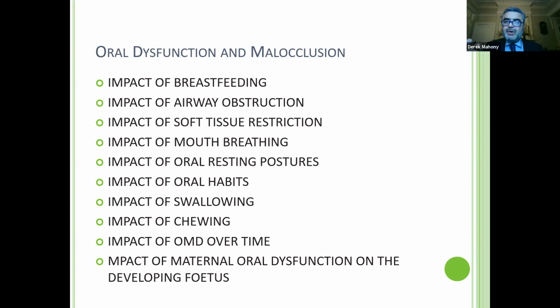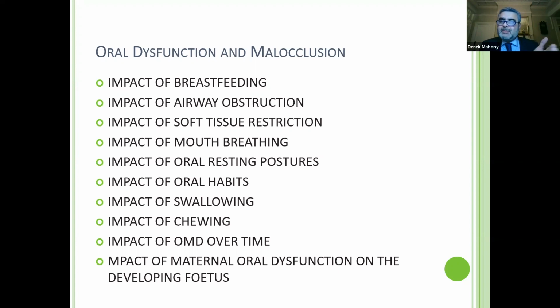If you can't breathe through your nose for whatever reason, allergies being the most common, you're going to develop a lower tongue posture. And that mouth breathing can result in what I showed you on the video.